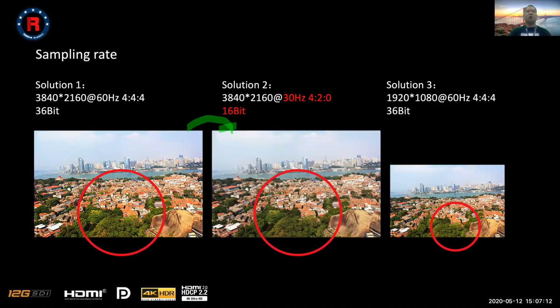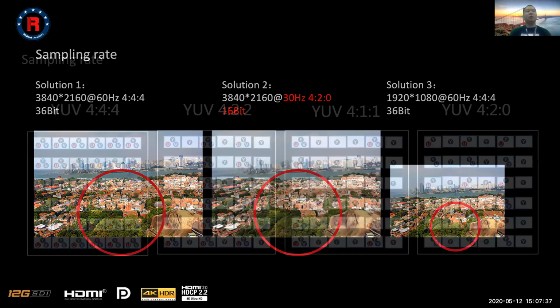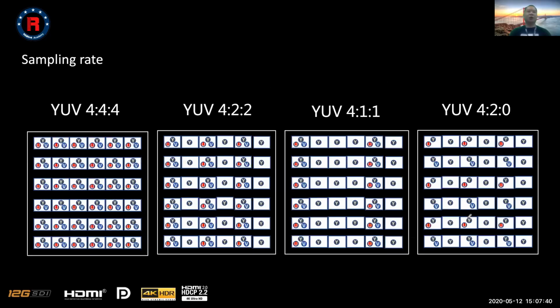If you check the detail, you will see the left one is much clearer than the second one. And if we go to a much smaller resolution, the picture detail becomes much more lost. This is one example of different sampling rates.